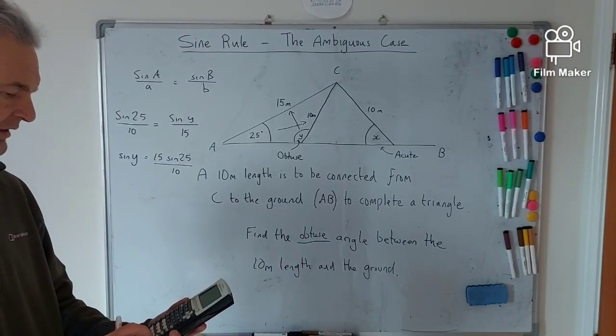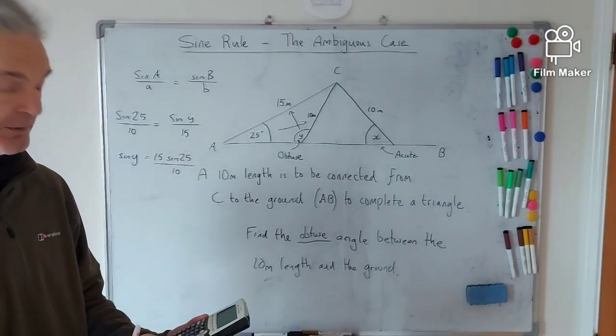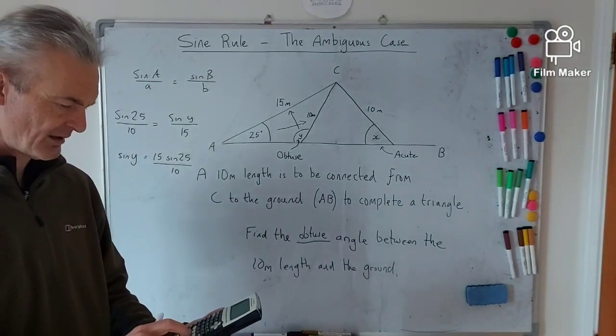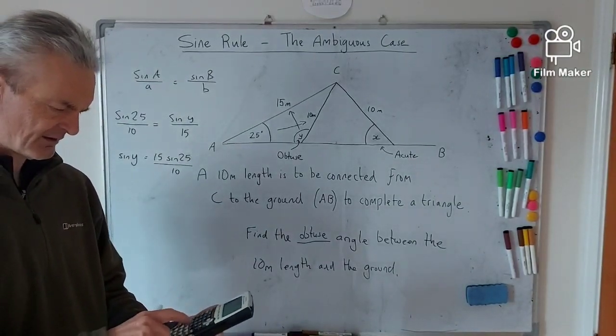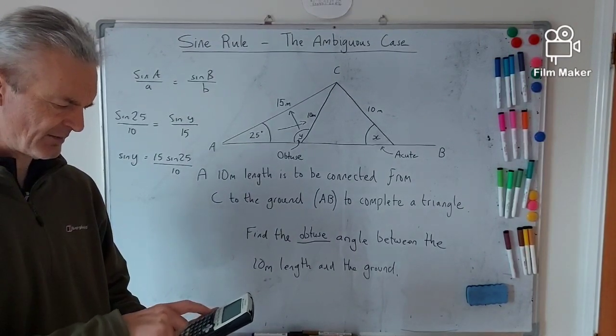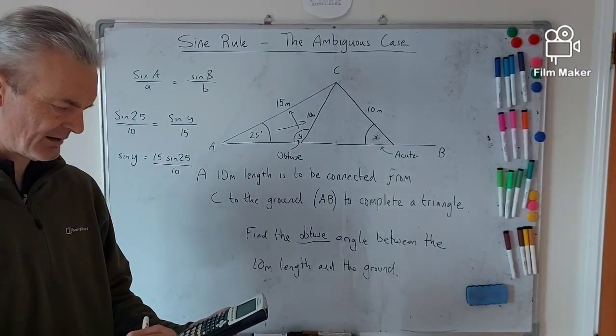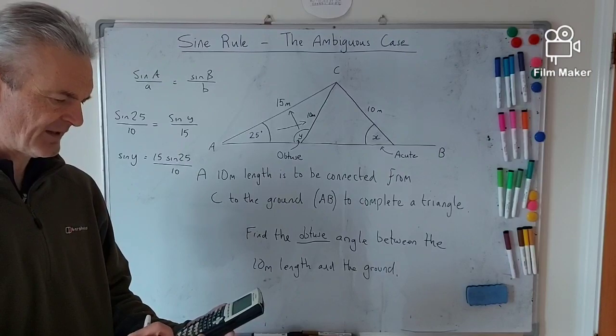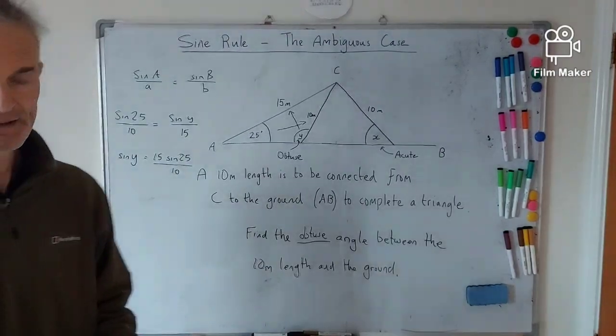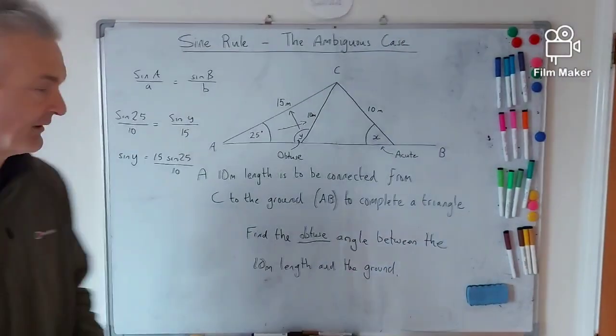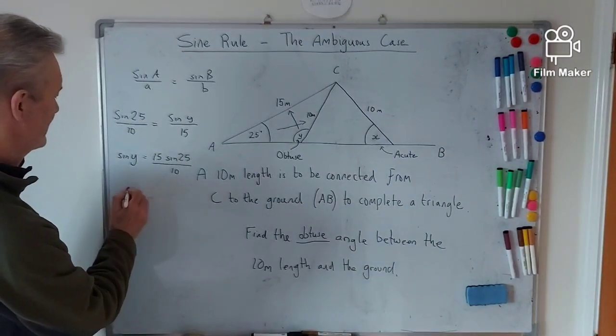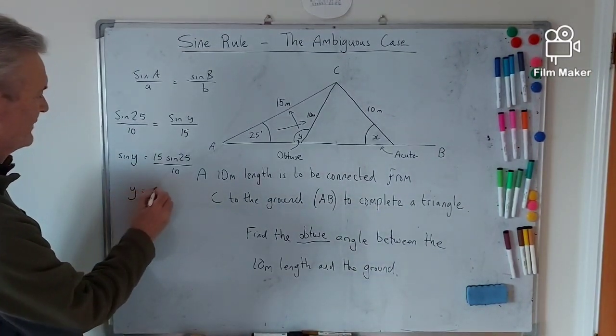That gives us the sine, and all I'm going to do is convert that into an angle by using shift sine. That's going to give me 39.3 degrees. So Y equals 39.3.